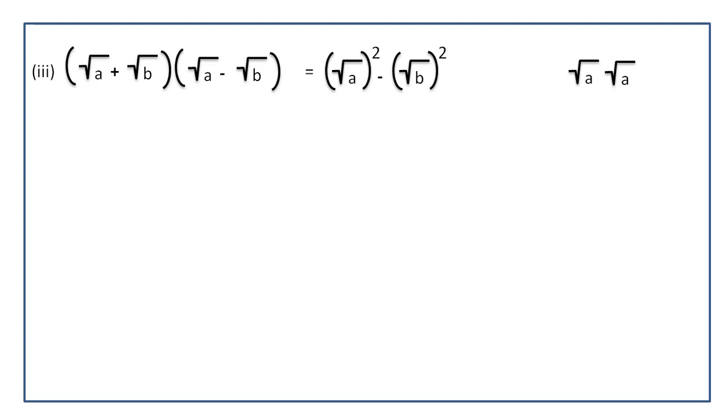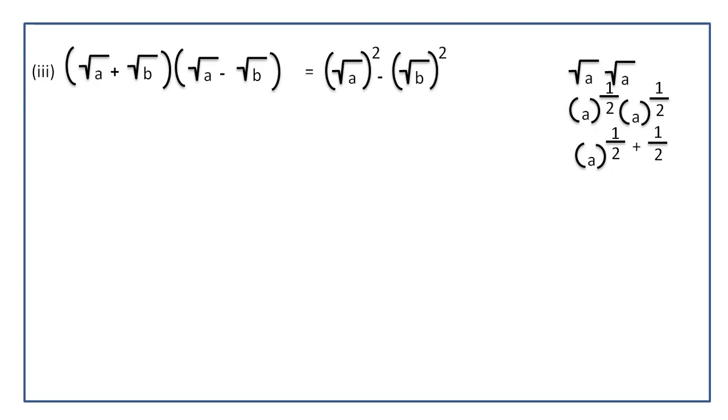First we see the value of square root of A whole square. Square root of A whole square means two times square root of A. We know that square root value is whole power 1 by 2.